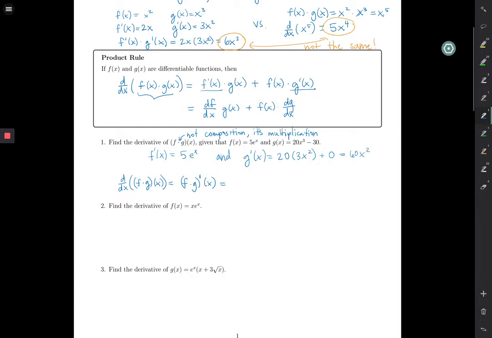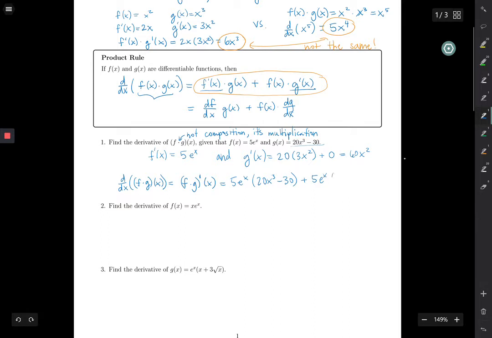And so we just apply this formula. So we'll take our f prime of x, so that's 5e to the x, and multiply it by the formula for g, so that is this 20x cubed minus 30, and then we add to that the formula for f, that's 5e to the x, times the derivative of g, g prime, which we computed.